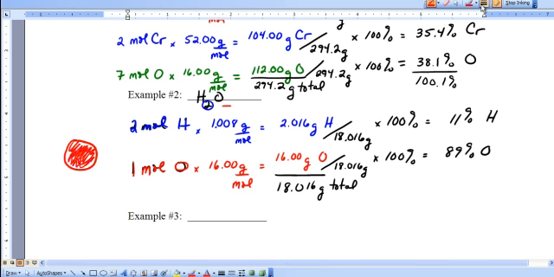So oxygen might be that big, while the hydrogen might only be, say, this big. And in fact, it would be actually smaller than that relative to the oxygen. So the water molecule might look something like that, where most of it is going to be the oxygen. Only 11% of it will be the hydrogen.